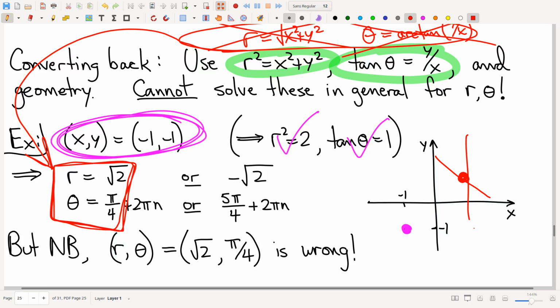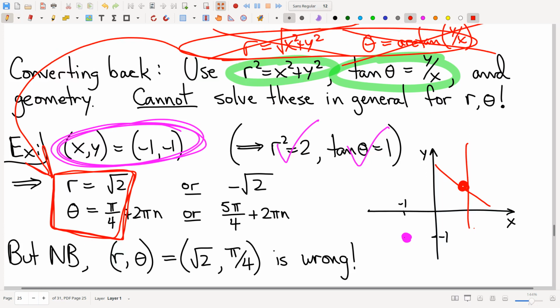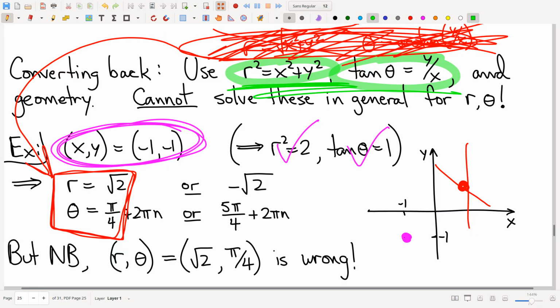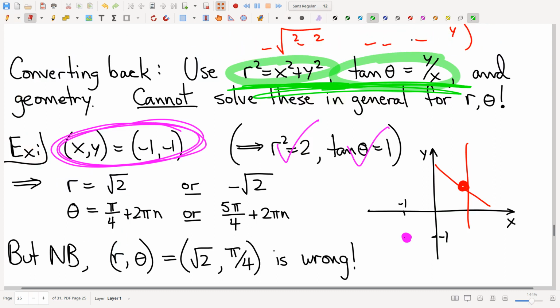I think it's much better to abandon these formulas entirely and instead go with what I have in green, right? And then, sure, look at your possible values of r and look at your possible values of theta, and then think through the geometry. Thinking through the geometry should help you pick out what the correct values are, and let's go ahead and do that.